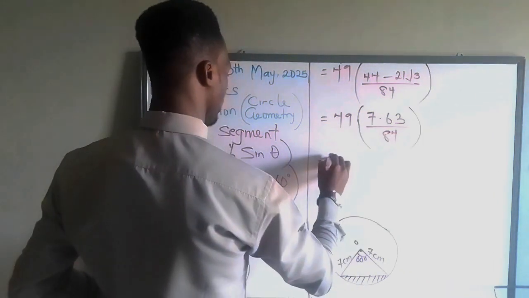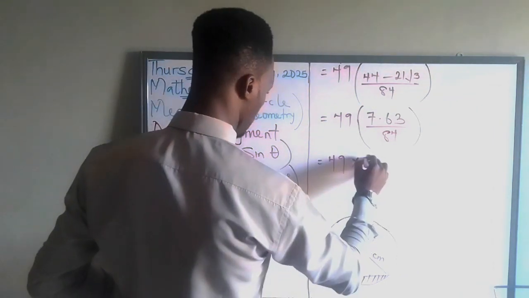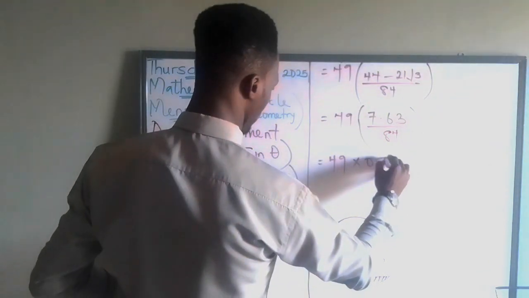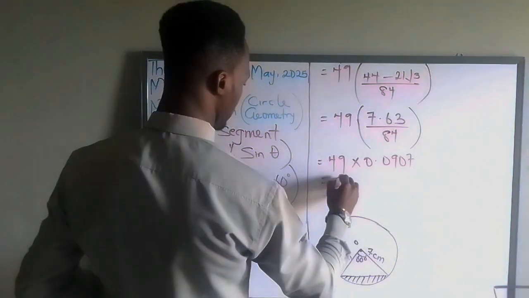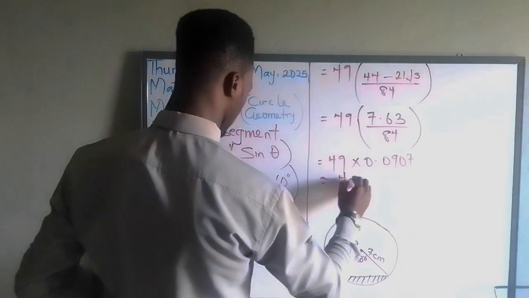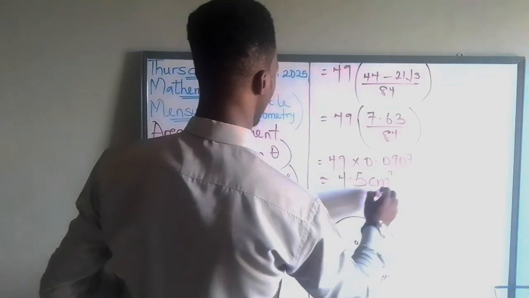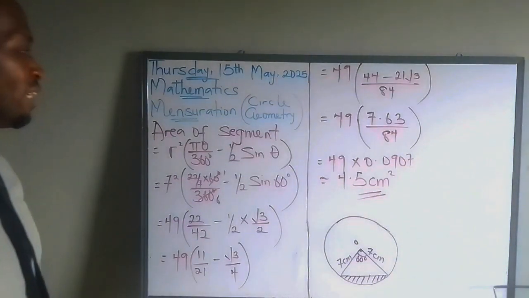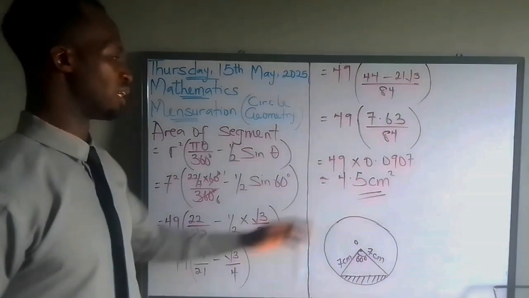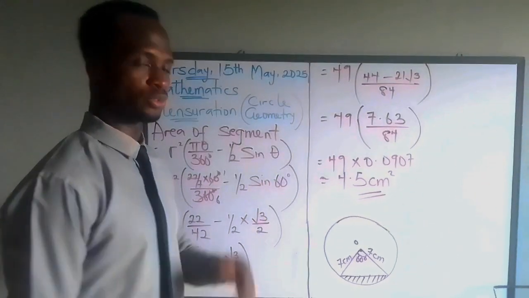So this is 49 times 0.0907. So our answer approximately is 4.5 centimeters squared. Alright, so the area of the segment is given as 4.5 centimeters squared. So let me know if you have any question. Thank you.